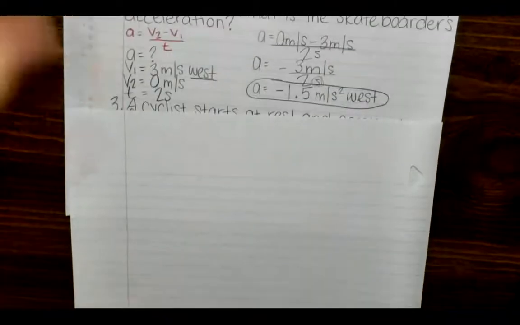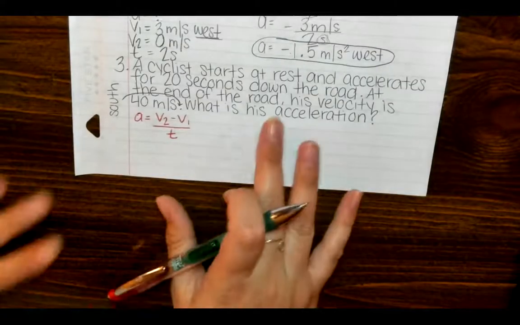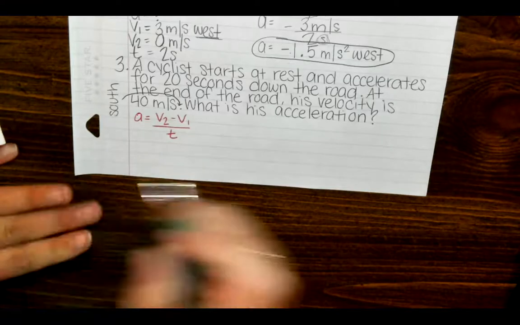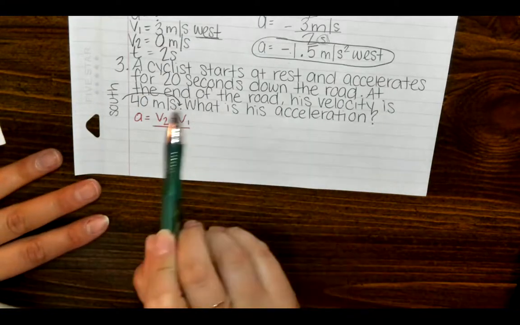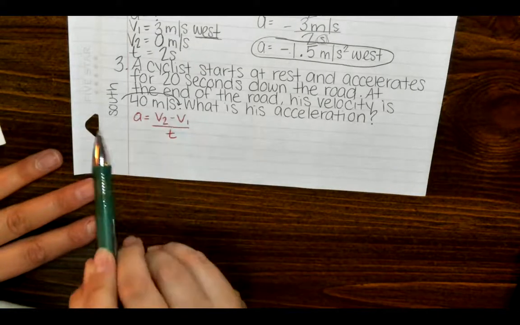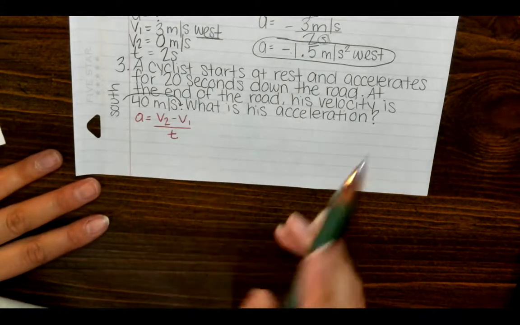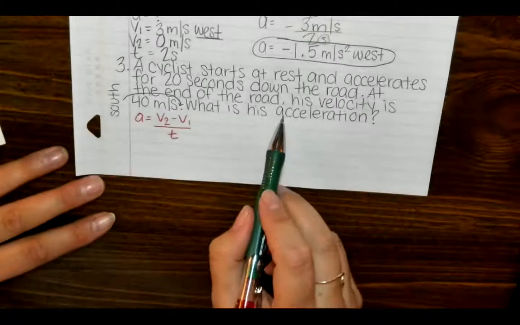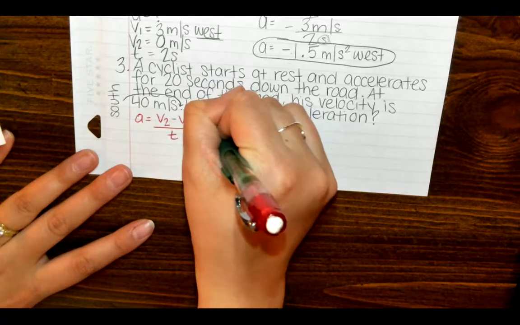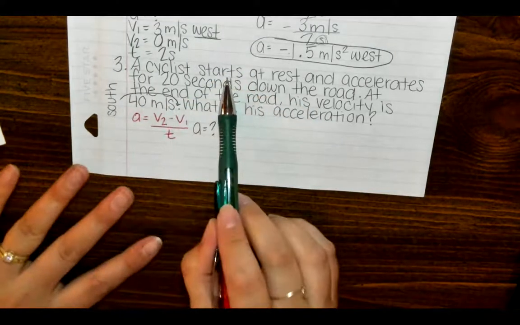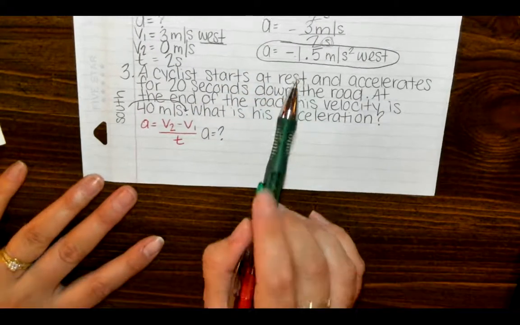All right, last one, and then you are going to work on your acceleration practice assignment. A cyclist starts at rest and accelerates for 20 seconds down the road. At the end of the road, his velocity is 40 meters per second south. What is his acceleration? So it's asking us what the acceleration is, so we don't know A. It says he starts at rest, so our beginning speed is 0.